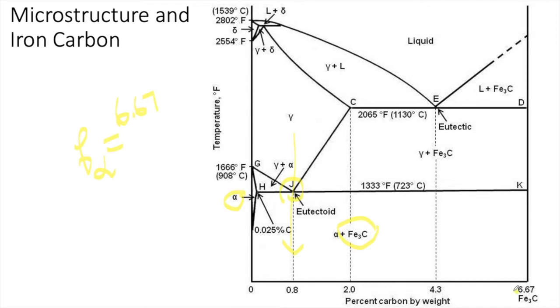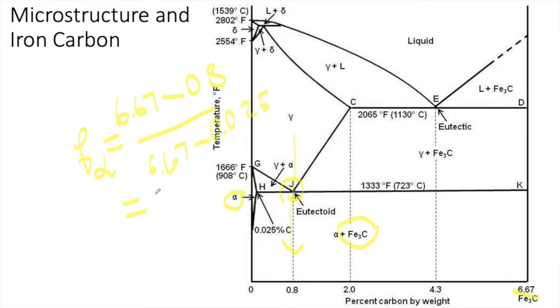The composition of alpha can be given by a simple lever rule, that is 6.67, the total composition, minus the eutectoid composition 0.8, divided by the total composition 6.67 minus 0.025.